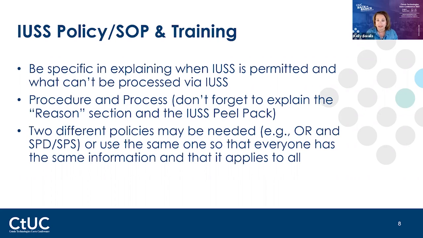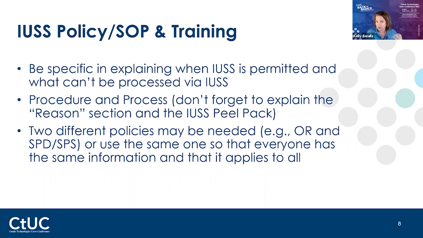Or when they call and say, hey, we have something that we need to process by IUSS, always say to them, what is it? I need to know exactly what it is. Then you can do that instrument search and see if we have it somewhere else. Along with that, when you're creating this policy, don't forget to explain the reason. They have to explain that reason.